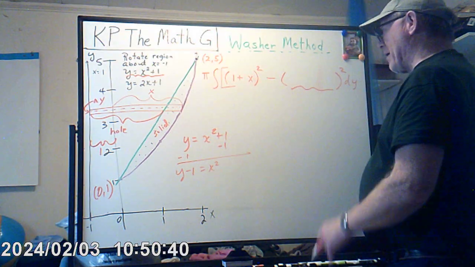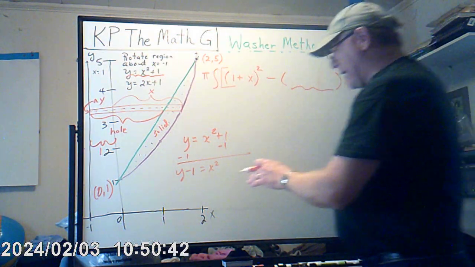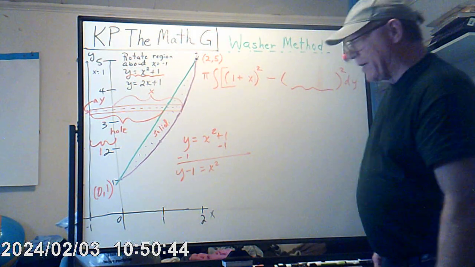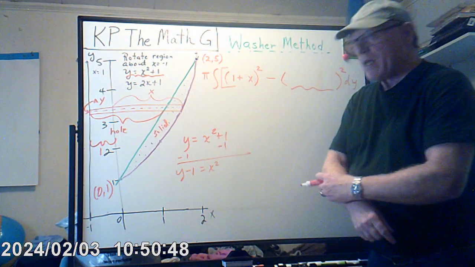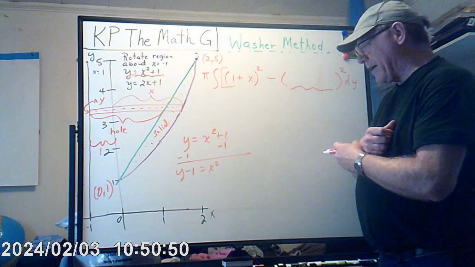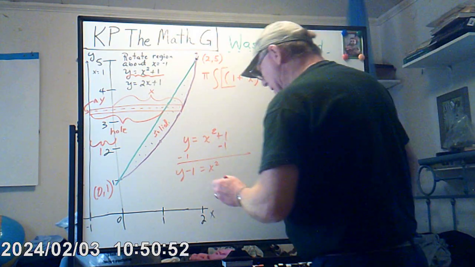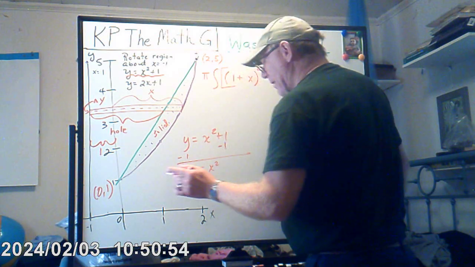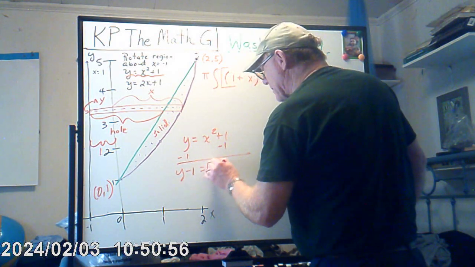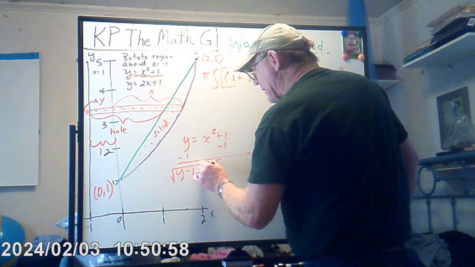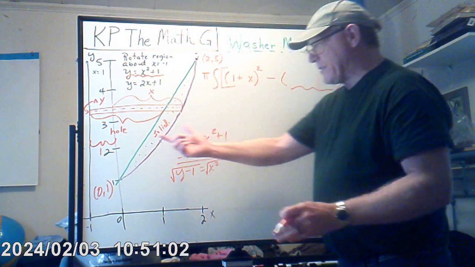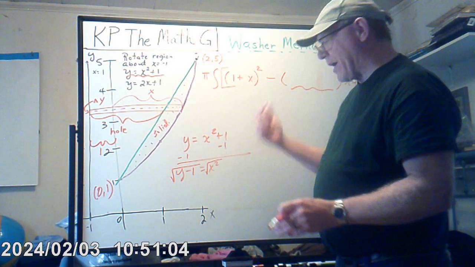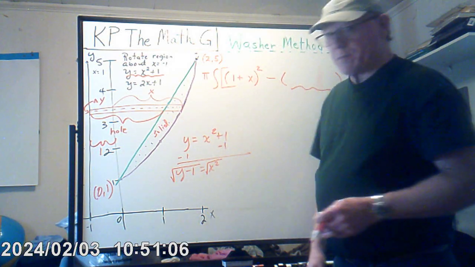I probably could go ahead and leave it as just y minus 1 because this is squared anyway, right? But I'm going to go ahead and just solve for x. I see it now. Now this is usually plus or minus, but since we're on the plus side of it, we're going to make this plus.